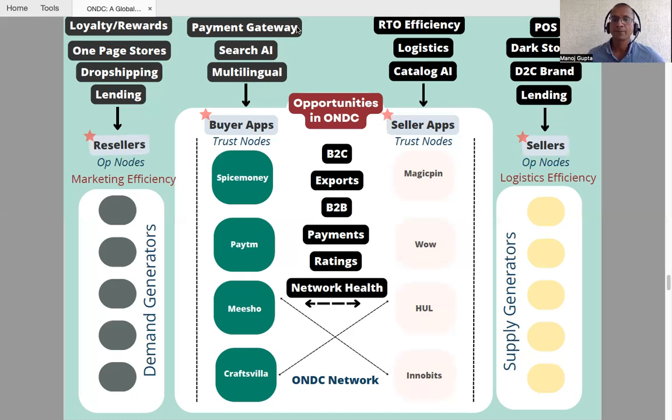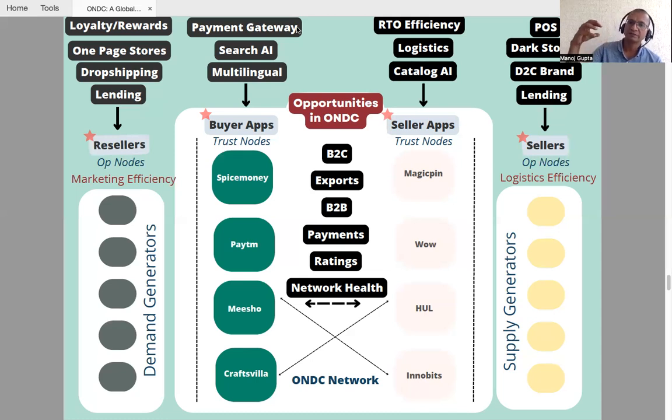I have one more question, a follow up on delivery slash fulfillment. Is it the responsibility of sellers directly, or will these seller apps as platforms also be expected to provide delivery service? So seller apps play a very important role when it comes to logistics, delivery and fulfillment, right?